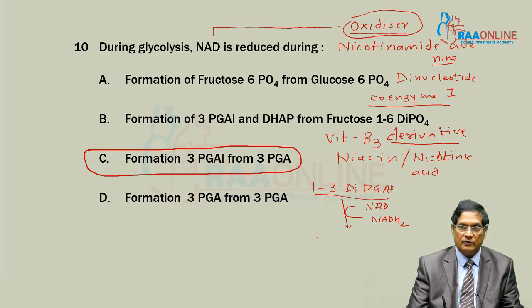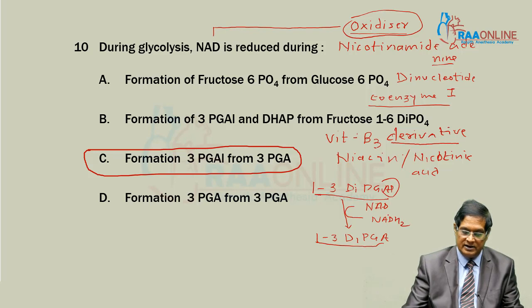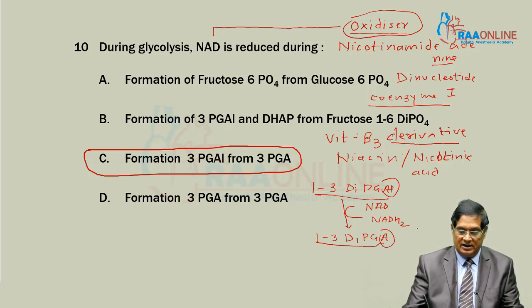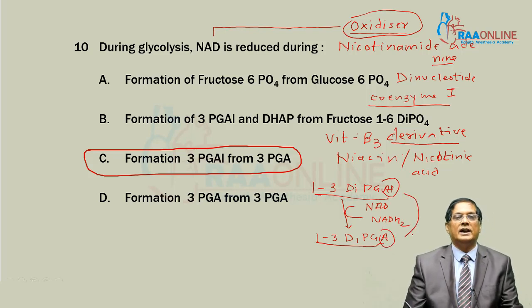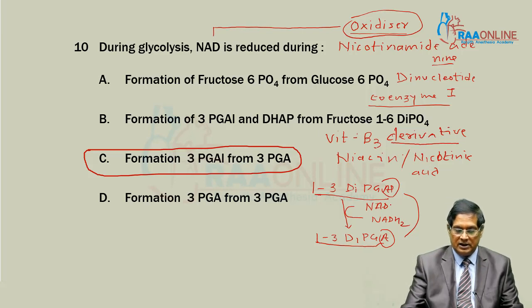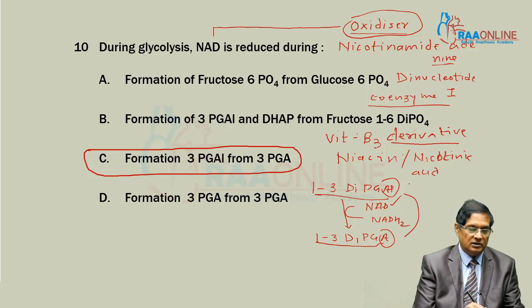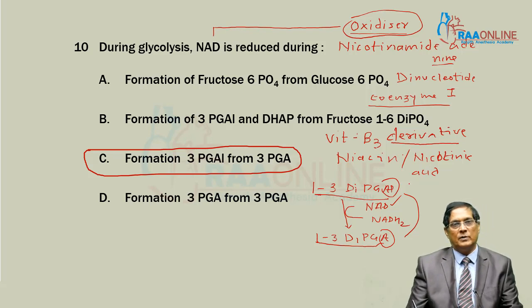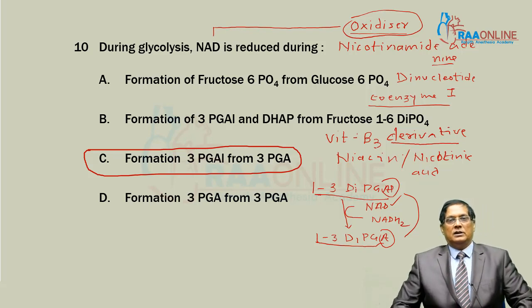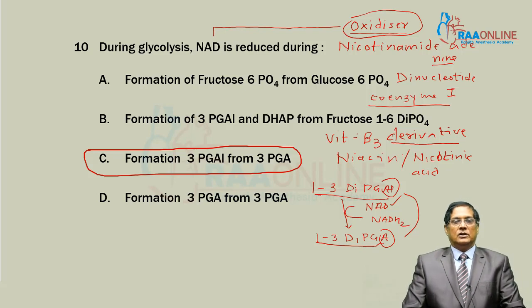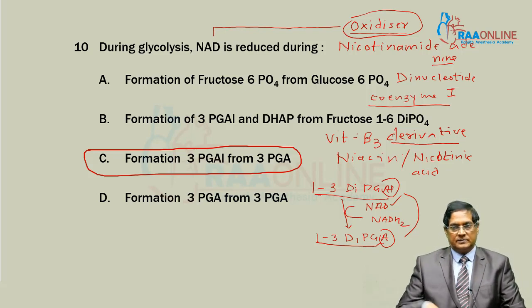And what is formed is 1,3-diphosphoglyceric acid. Aldehydes are oxidized into acid with the help of the oxidizer NAD. This is the only oxidation step of glycolysis.